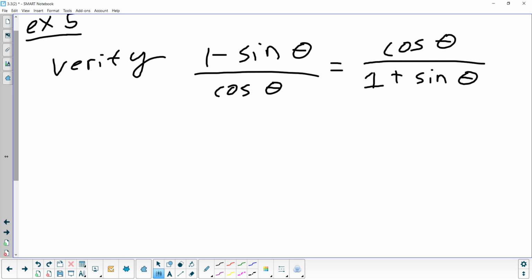So there's not really much advantage of which side you start with. I would say we've always done the left-hand side, so let's try that. And the goal is to turn the left-hand side into the right. I'll tell you, no matter which side you start with, it's going to be the exact same steps.